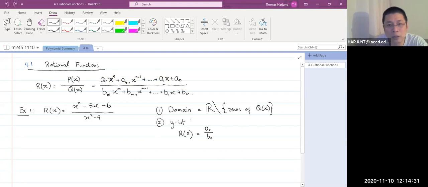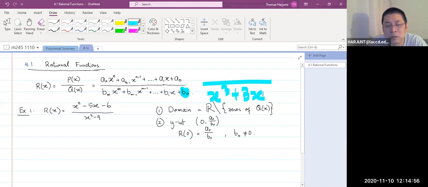So the y-intercept will be (0, a sub 0 over b sub 0). Of course, you need to make sure that b sub 0 cannot be 0. Otherwise, if there's no constant on the denominator, let's say you have x cubed plus 3x, then x equals 0 should not be in the domain.